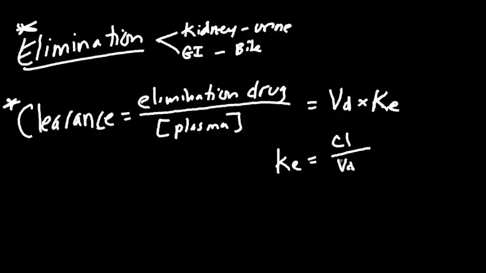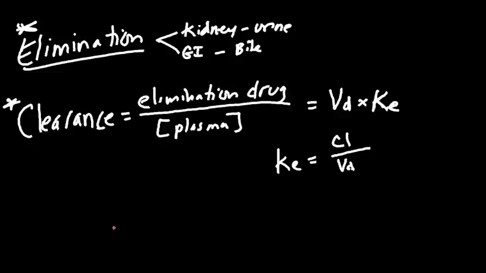So just remember, this is just a reworking of this formula right here. This is nothing new. This is nothing special. You don't even need to remember it. What I would put to memory is clearance is equal to the elimination of the drug divided by the plasma concentration.